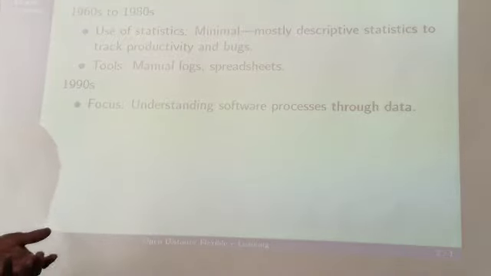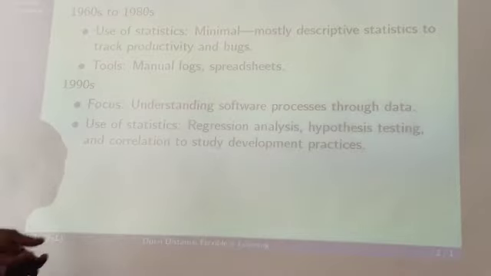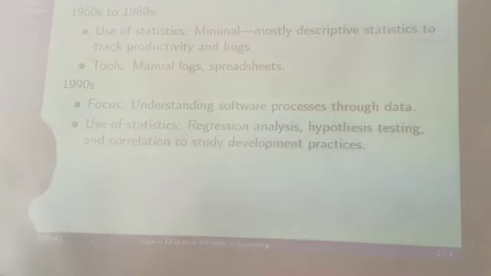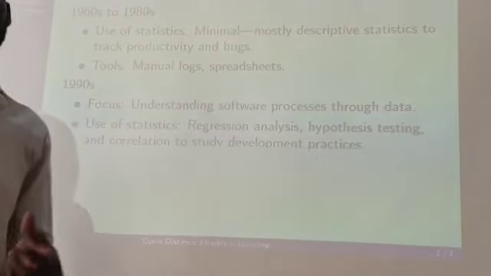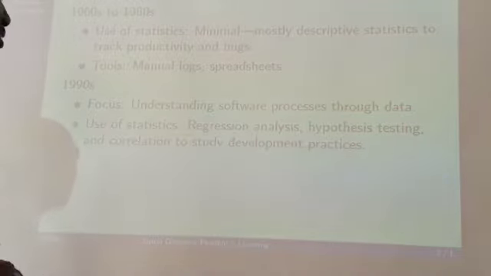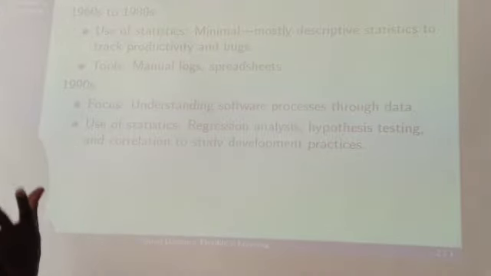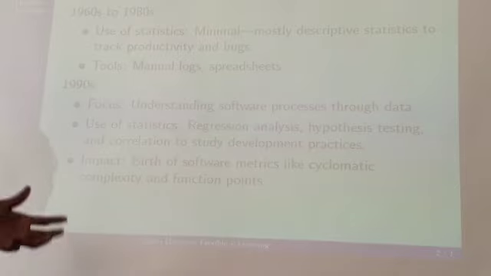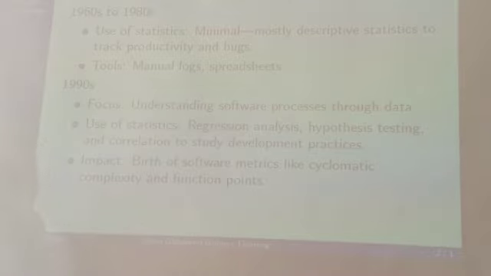This was what statistics was used for in the 90s: regression analysis, hypothesis testing, and correlation to study development practice. What was the impact? Software metrics like cyclomatic complexity and function points came into being in the 90s.